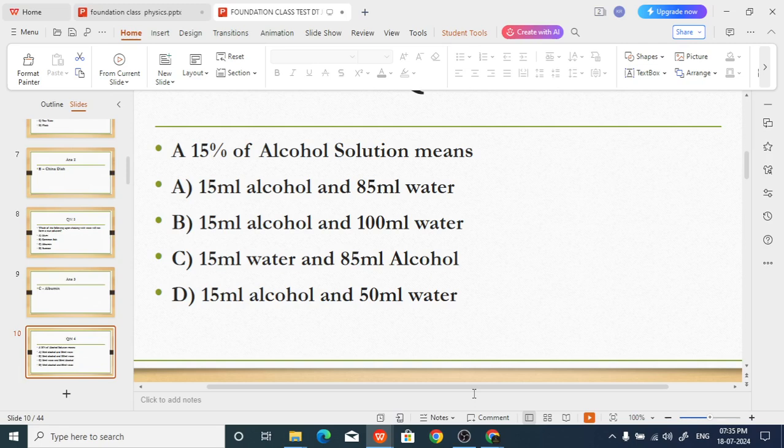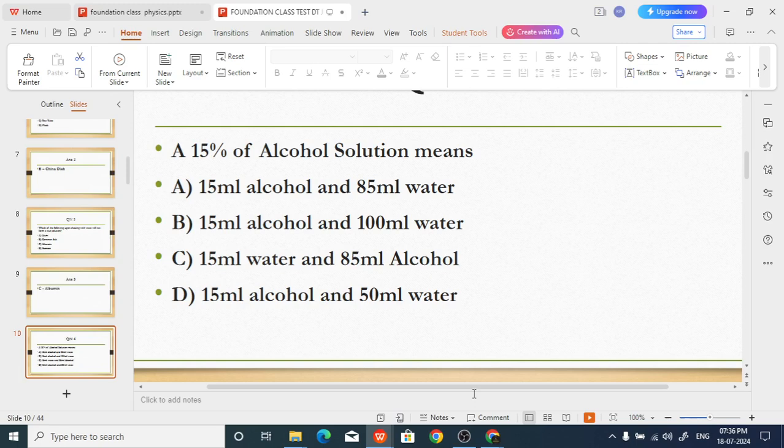Can you explain it properly? 15 ml alcohol and 85 ml water, put together it will have 100 ml total, isn't it? In the 100 ml, 15% is the alcohol. So that is the answer.